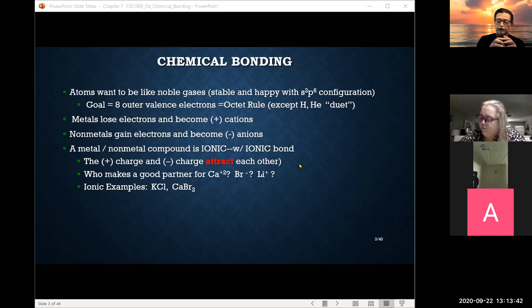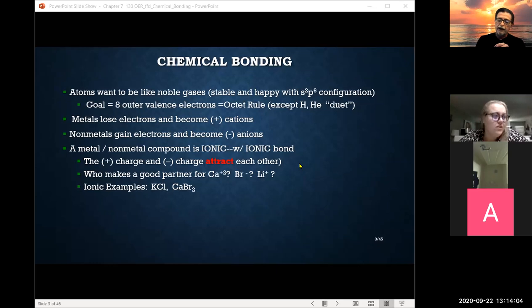Nitrogen becomes nitride, oxygen becomes oxide, and fluorine becomes fluoride. Okay, those kinds of things. So we've got to start thinking about the names of these because eventually we're going to start naming these compounds. You'll be given a formula like KCl, and it'll say, okay, name that compound.